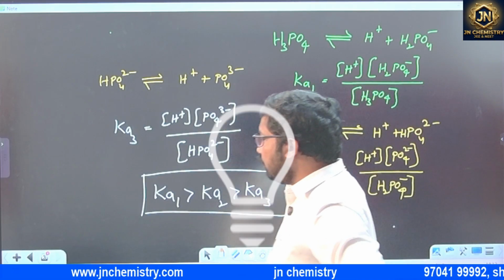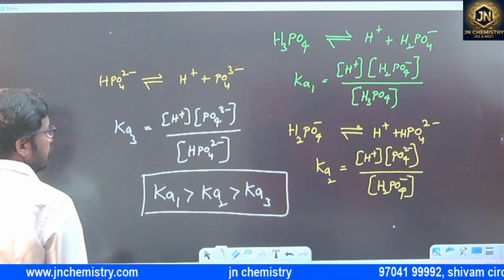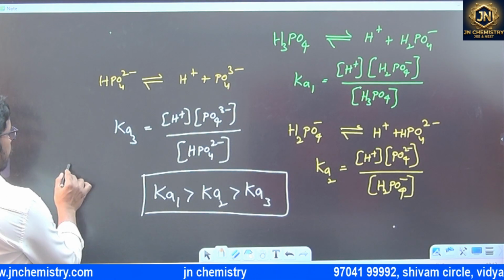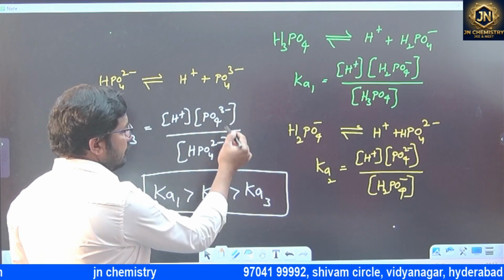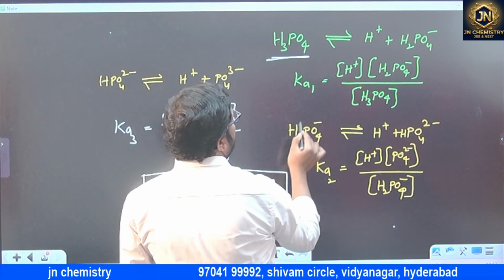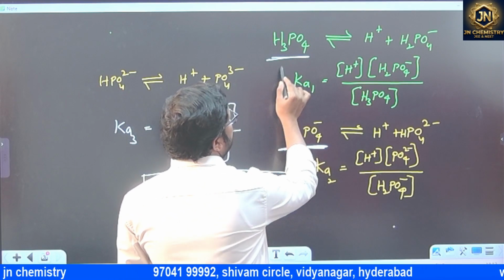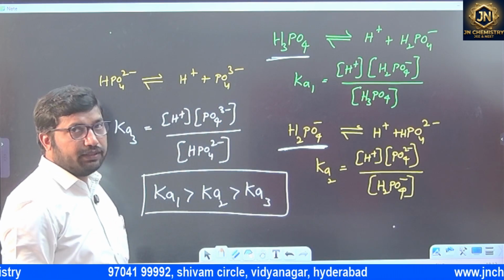So here is one more important thing, right? Ka1 is always greater than Ka2. Write it down. Already I told you Ka1 is greater than Ka2. In all these cases, H3PO4 and H2PO4 minus, in these two cases, which is the strong acid, meaning which has the higher Ka value?